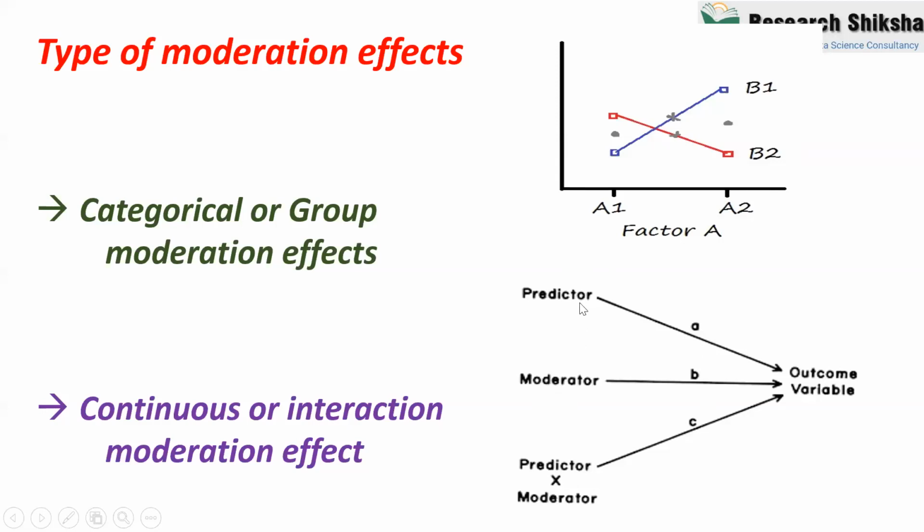And what we do, we multiply X with M, and X into M will be my third variable. And if this beta c is significant, it means my continuous moderation is significant. So this is called moderation effect.